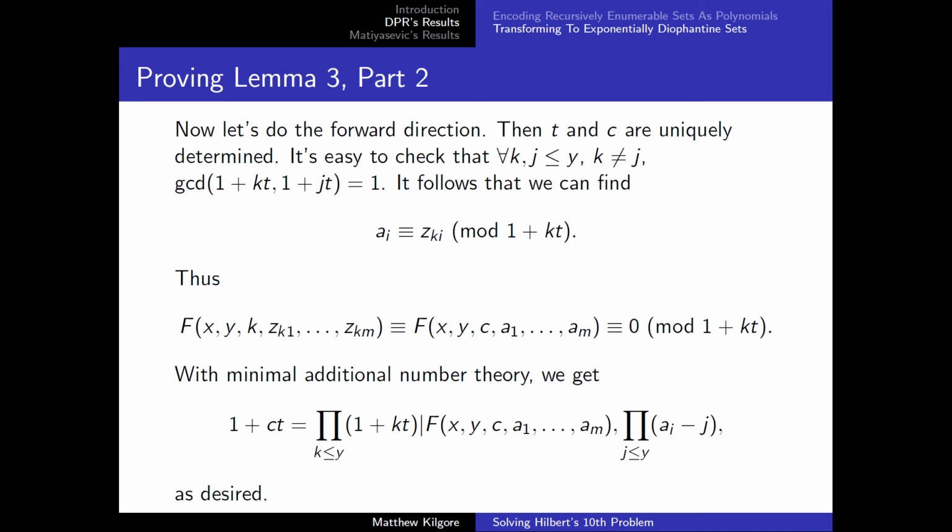That's by definition. But this value divides f of x, y, c, a1 through am, and the product of all j less than y of ai minus j. Combined, these all make up the result as we had hoped.